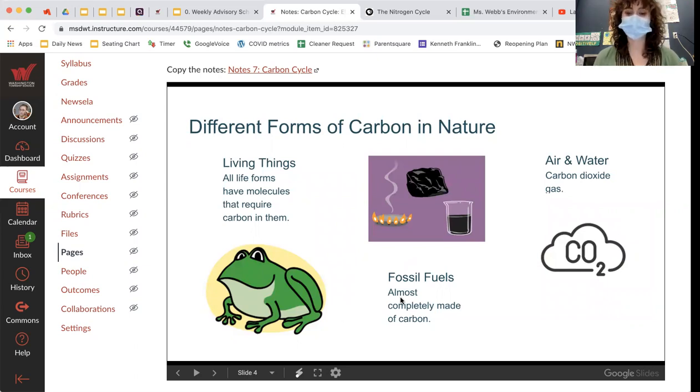Very high in carbon, it's almost all of what it is. And then air and water also contain carbon dioxide gas. Air contains a small amount of carbon, CO2, carbon dioxide, but even water, like ocean water, it doesn't have to be fizzy. It still contains carbon dioxide gas.